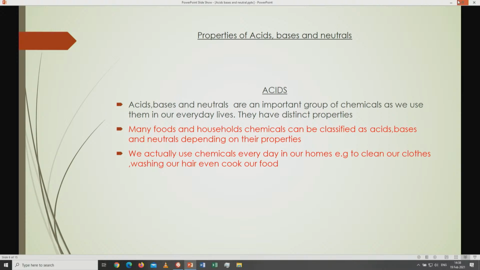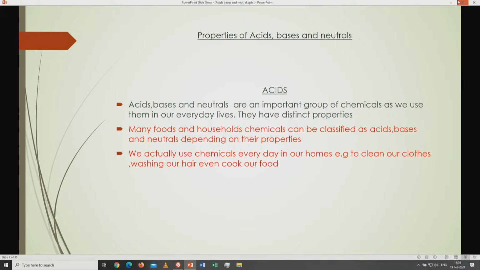Acids, bases, and neutrals are important groups of chemicals as we can use them in our everyday lives. They have different distinct properties. Many foods and household chemicals can be classified as acids, bases, and neutrals, depending on their properties.